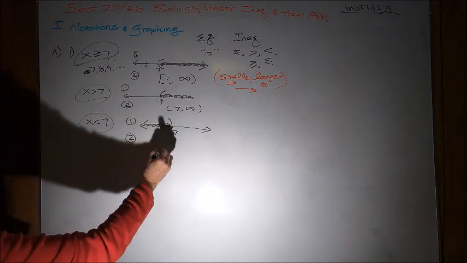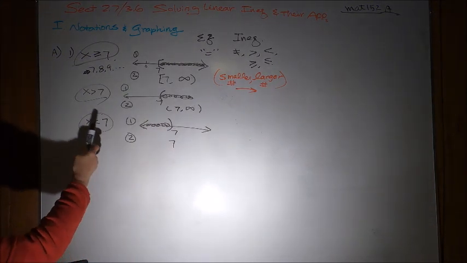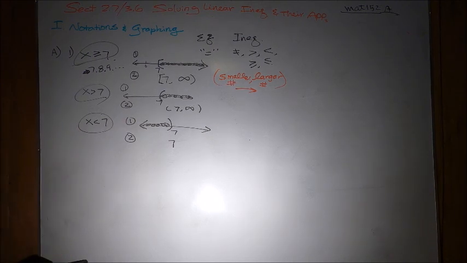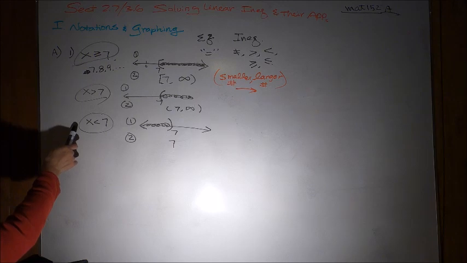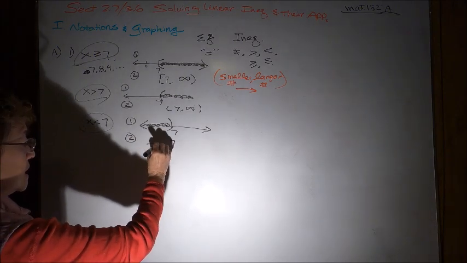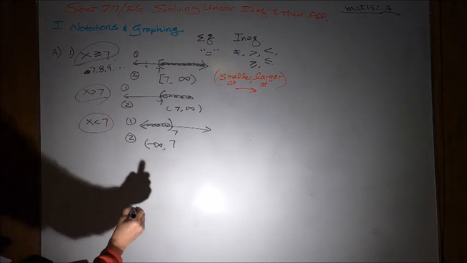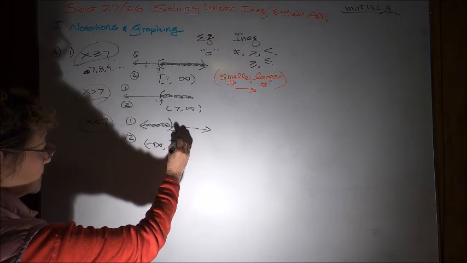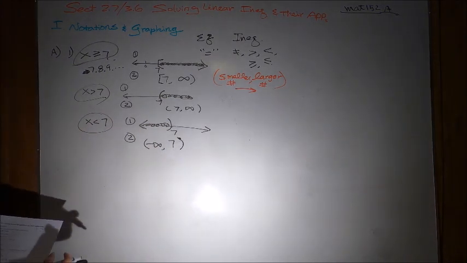Then we also show it in interval notation. So that's 7. The other side is smaller, so you write it on the left-hand side. To where? Forever, infinity, but it's negative. So we use negative infinity with parentheses, and no equal sign, so we use another parenthesis there.